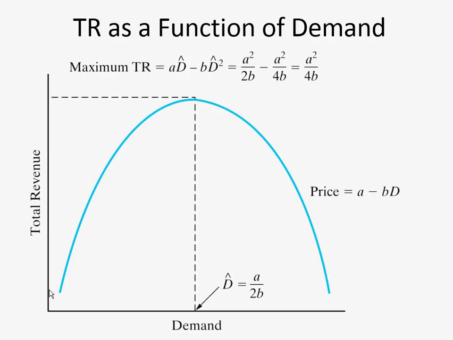That's why this blue line, our revenue curve, is low on the left side. Who can explain why the curve is low on the right side? That's right. We have a lot of demand, but we're selling it too cheap, and so our revenue is low again.